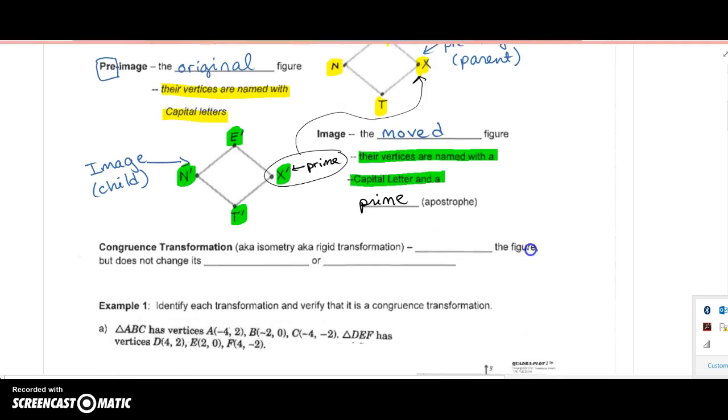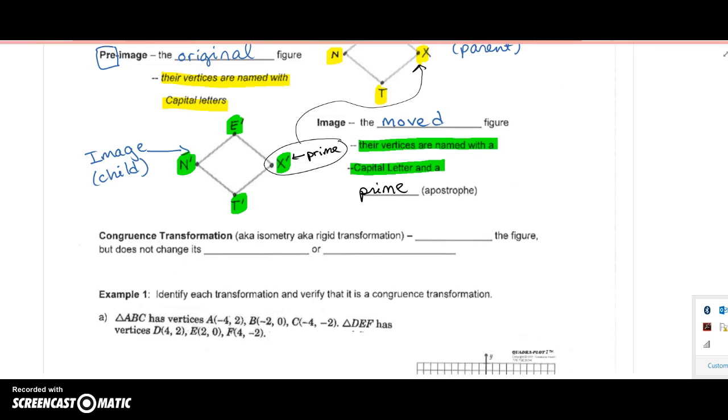Alright, so let's talk more specifically about congruence transformations. This is called different things. Sometimes you'll hear it referred to as an isometry or a rigid transformation. These are transformations that move the figure, but do not change its size or shape.